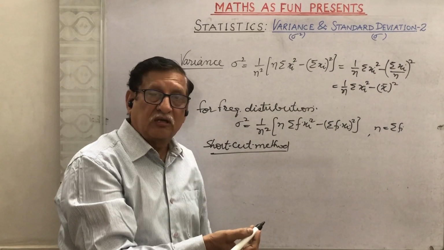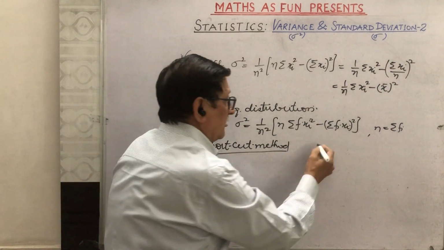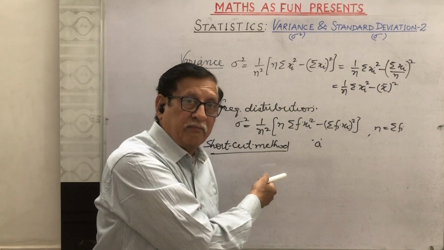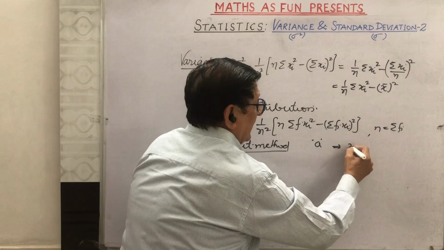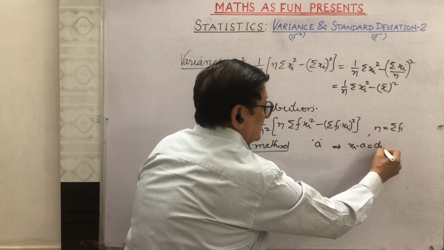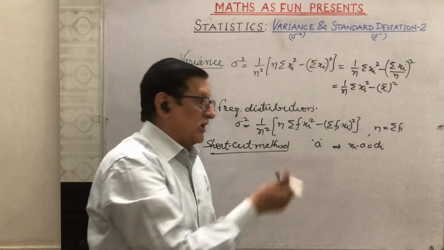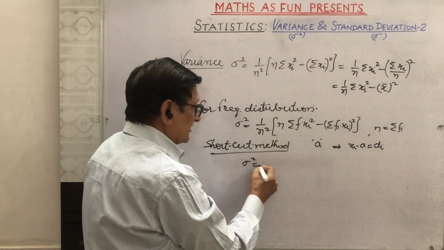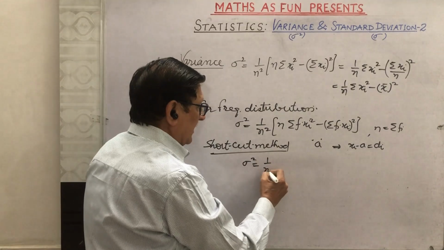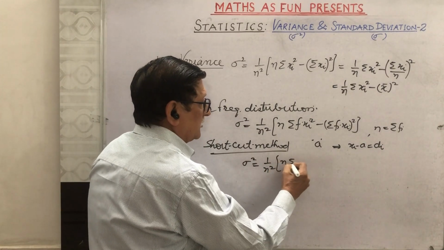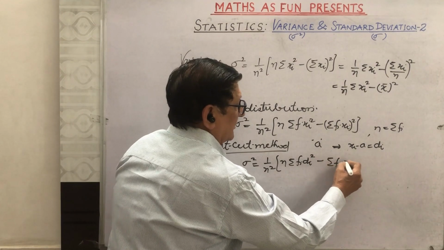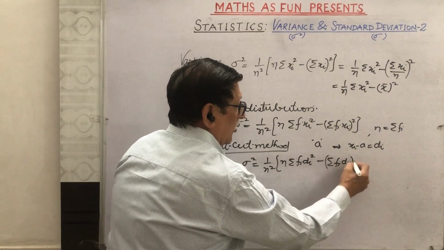By applying the shortcut method, we know that generally what we do, we take one of the numbers as assumed mean A, and then we write xi minus A as di, that is the deviation. If we apply the deviation here, then the value of sigma square, that is variance, will be 1 upon n square, n into sigma fi into di square minus sigma fi into di whole square.